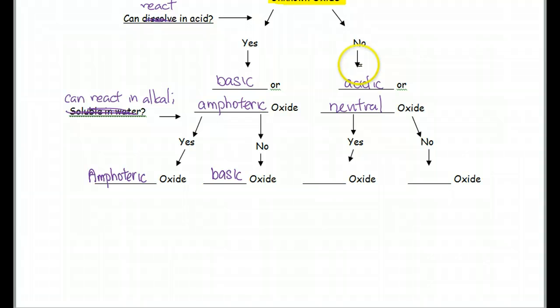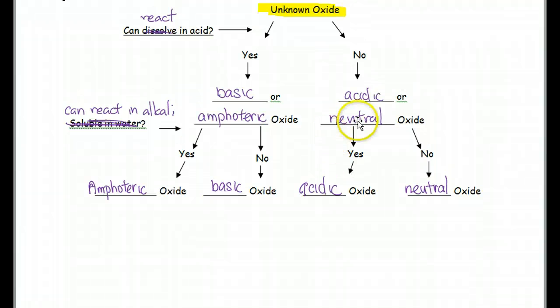Now, if it doesn't react with acid but it does react with alkali, this will be your acidic oxide. However, if it is a no for both acid and alkali, it will be your neutral oxide. So this is one way to try to identify your oxides.